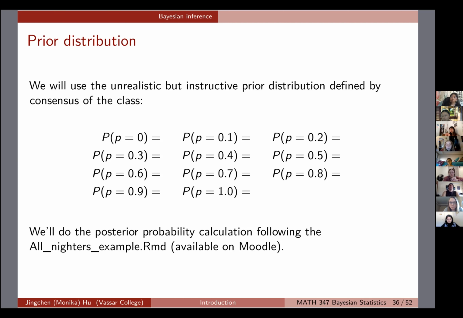This is a simplified version, because for a probability p it could be continuous, right? It could be anything between 0 and 1. But to get started on how things are done in the process, we're going to have this simplified discrete version of p, trying to get a prior distribution for it. So my question for everybody in this meeting is to think about your best guess of one of the 11 values, meaning that you will vote for one of them.